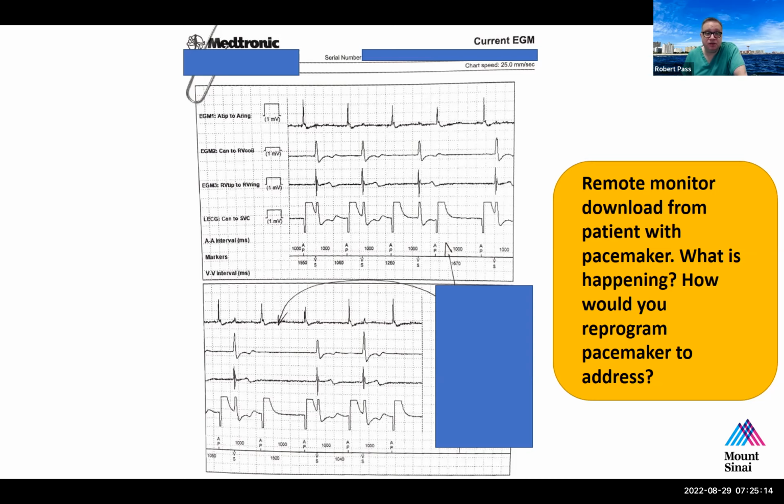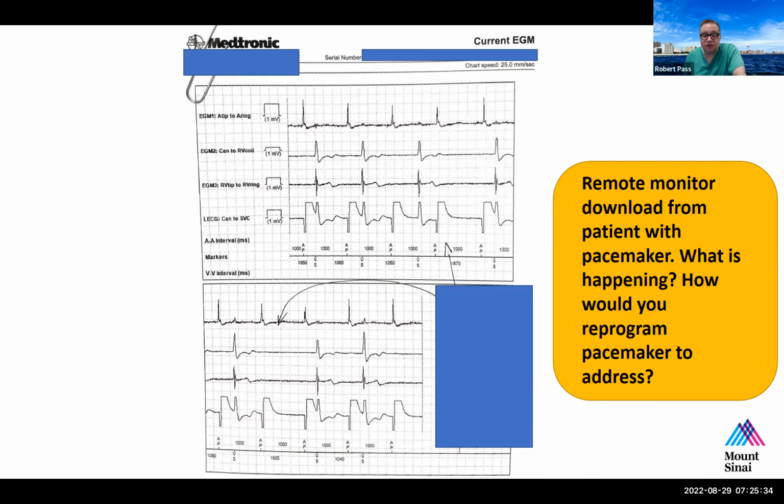So this tracing demonstrates one of the problems associated with pacemakers in people who have preserved conduction of some sort, but not normal conduction. If somebody's in complete heart block, the answer is pretty easy. You have to A-pace and V-pace the patient.